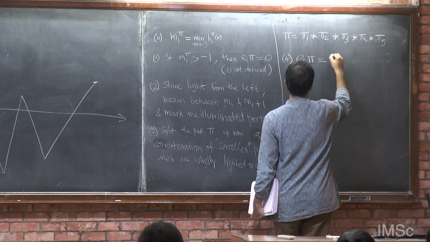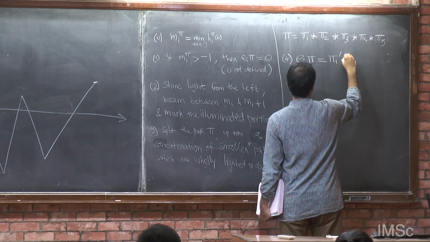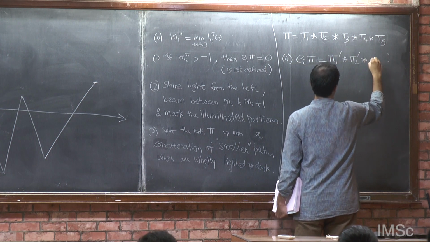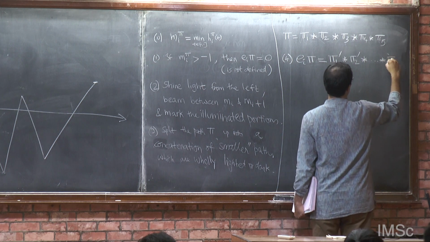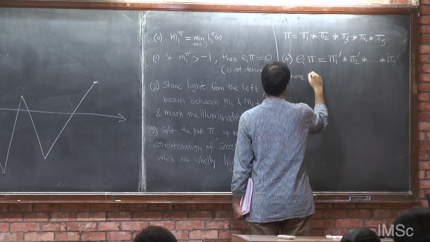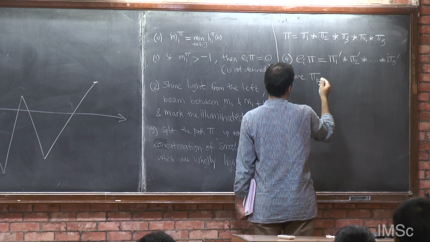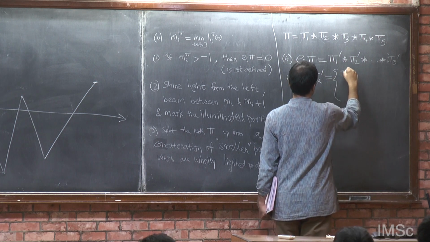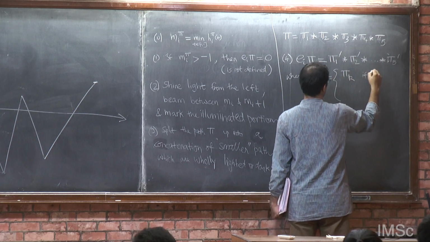You look at these bits: it's pi 1 dash concatenate pi 2 dash through to pi 5 dash, where for a path pi k, pi k dash will just mean the original path if it is dark.